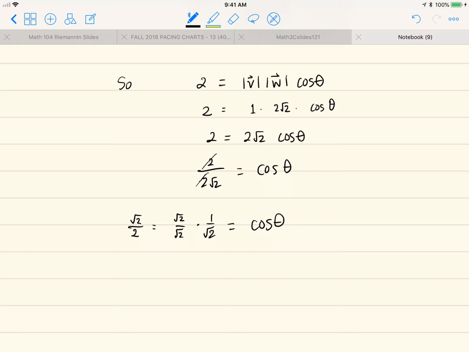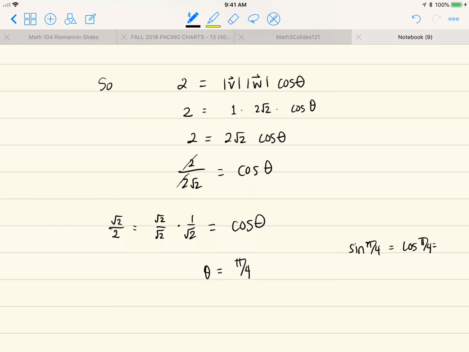The question is, for what theta is cosine of theta equal to root 2 over 2? Theta is going to be pi over 4. Remember that sine of pi over 4 equals cosine of pi over 4 equals root 2 over 2.